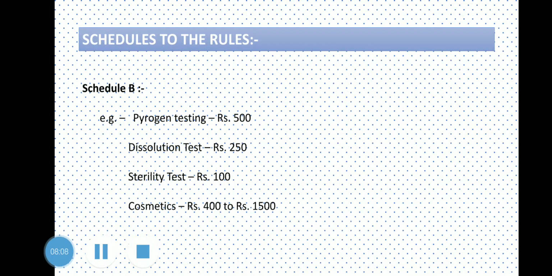This is what we have studied related with your Schedule B, the fees which is to be paid for the samples sent for testing or analysis to the central drug laboratory or to the state laboratories.